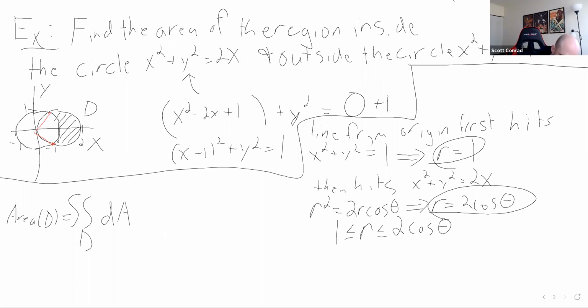Does everyone see that? This interval of angles between those two points are the bounds for theta. So we need to find what the lower one is and the upper one is. And those are going to happen where the two circles meet.